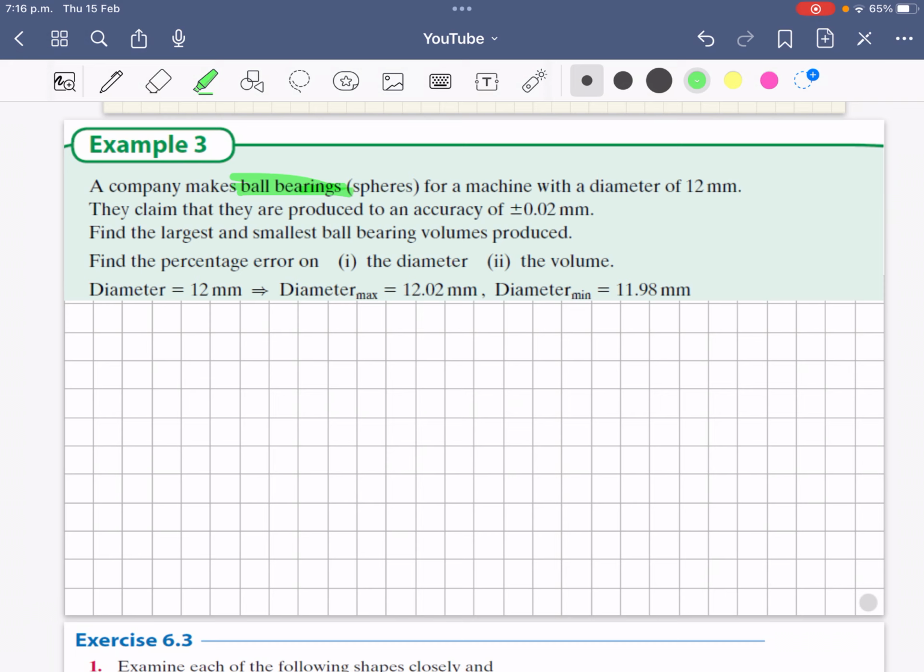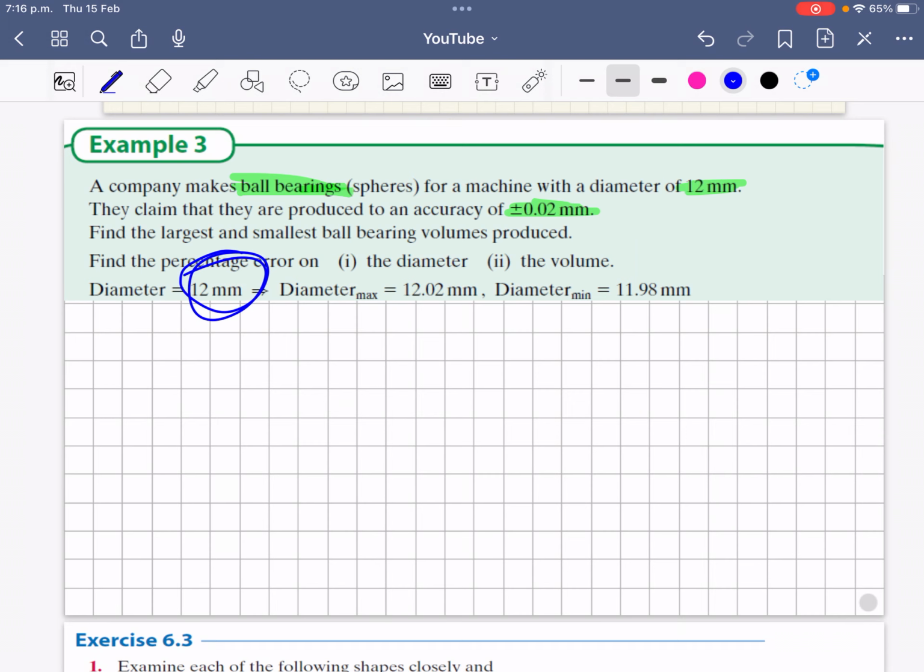The ball bearing machine makes them with a diameter of 12 millimeters. They claim they're produced to an accuracy of within 0.02 millimeters. Find the largest and smallest ball bearing volumes produced, and then find the percentage error of the diameter and the volume.